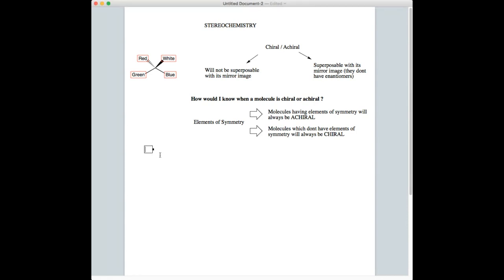The first element of symmetry that I'm going to present today, which is the one mostly used in organic chemistry, is called a plane of symmetry. And the first thing we're going to do is define what this is.